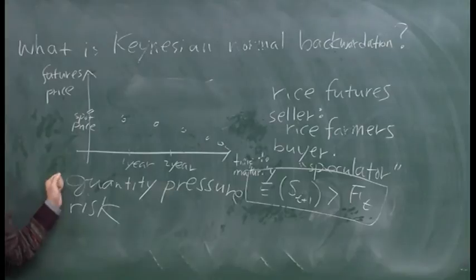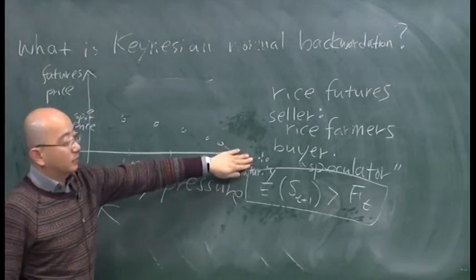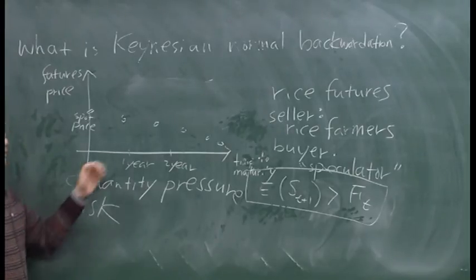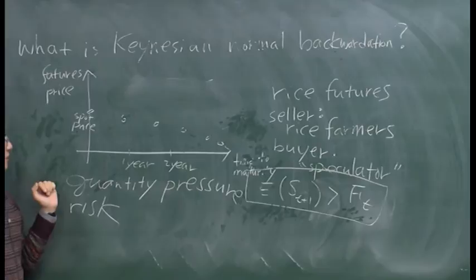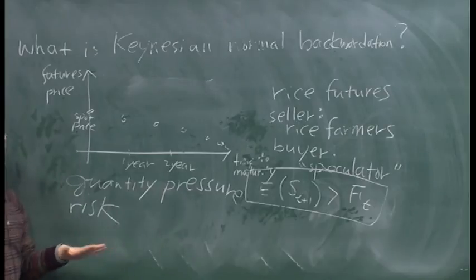Some have this idea that in the market, if there are more sellers than buyers, then price will be lower. So one interpretation of Keynesian normal backwardation is that this is just one version of quantity pressure. The market is not in equilibrium because there are more sellers than buyers, so the price adjusts.